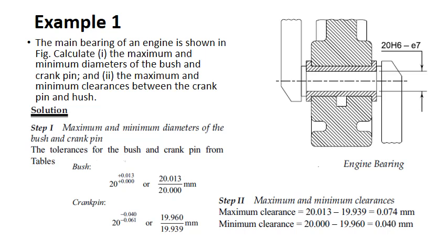If you subtract, you will get the maximum clearance. If you manufacture the bush to its upper limit and the crank pin to its lower limit, you will get the maximum clearance. Similarly, minimum clearance is the lower limit of the bush and the upper limit of the crank pin, right? So this is the magnitude of the clearance or the positive clearance gap.